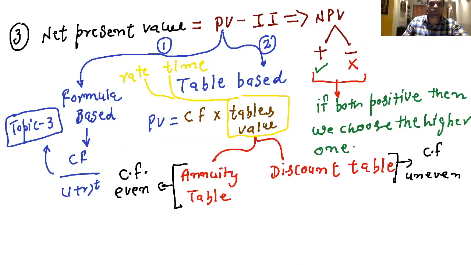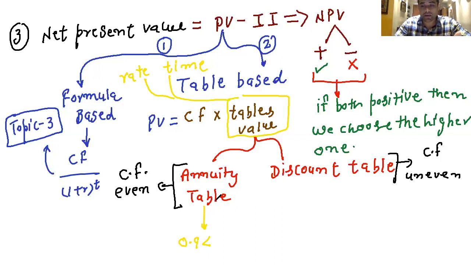But just for your knowledge, remember, if the table values are more than 0.9, which means it's an annuity table.